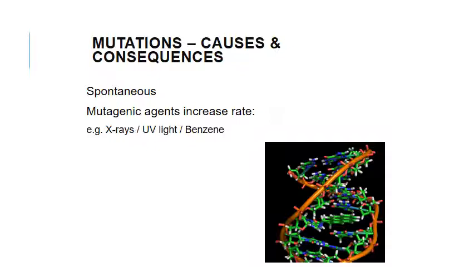For example, X-rays and other ionizing radiation, such as UV light, and some chemicals such as benzene are all examples of mutagenic agents which increase the rate at which mutations take place.